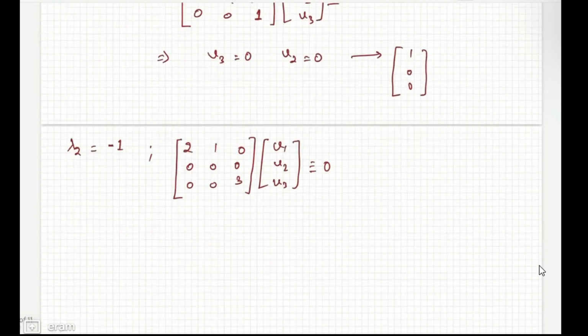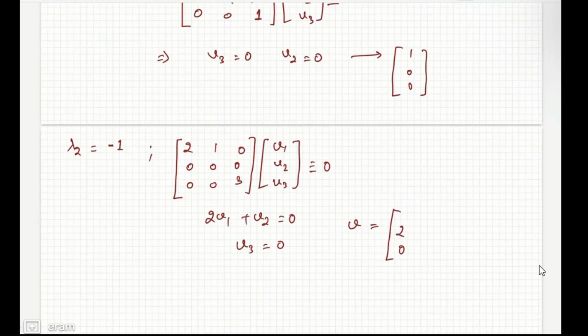So it will give us equations 2v1 plus v2 equals to 0 and v3 equals to 0. So we have the vector v with third element 0. v1 and v2 are dependent, so let's choose v2 as 2, then v1 can be given as minus 1.